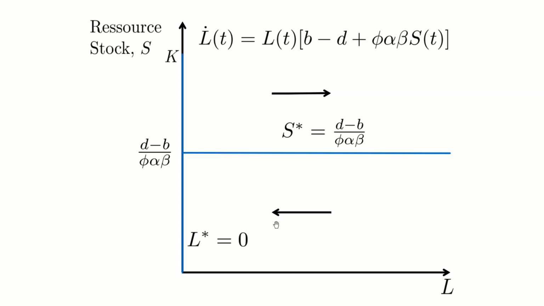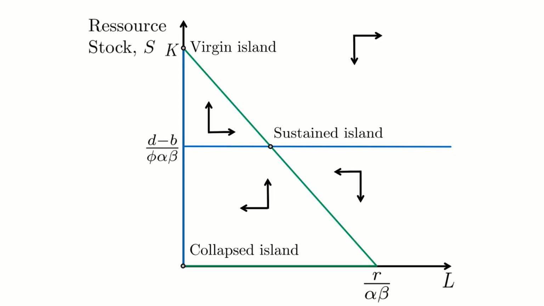Of course, the only viable steady states are the ones for which both the population and the resource stock are stable. To find them, we will put both stocks dynamics on the same graph. There are a total of 3 possible steady states where the green and the blue lines intersect.